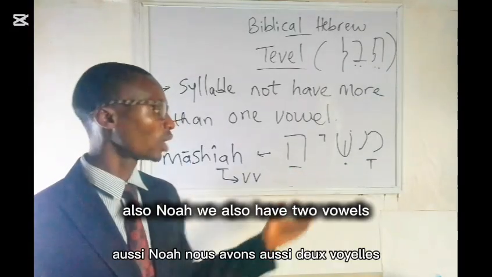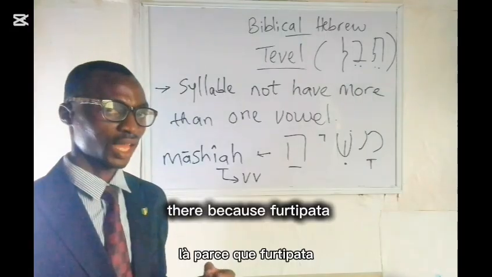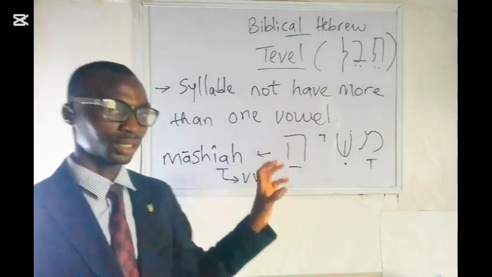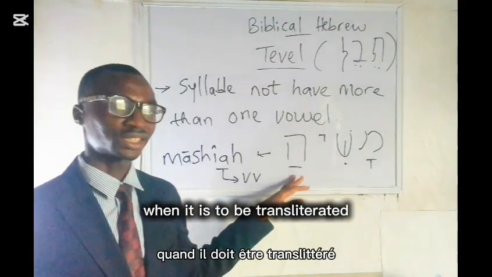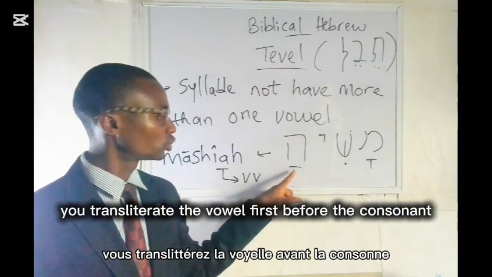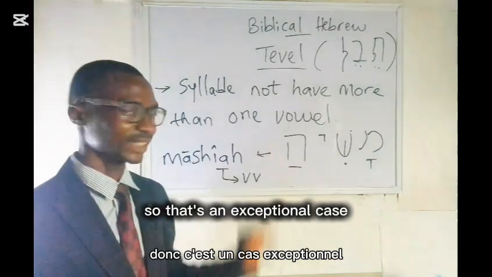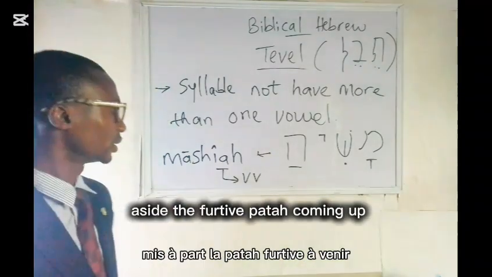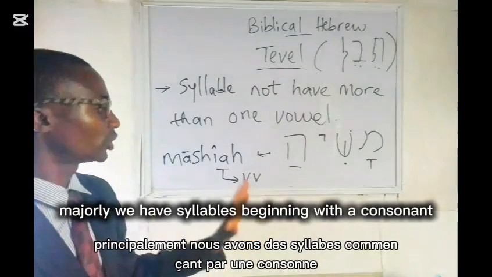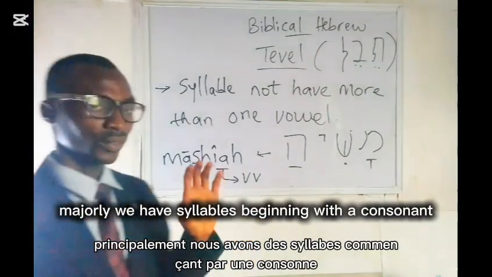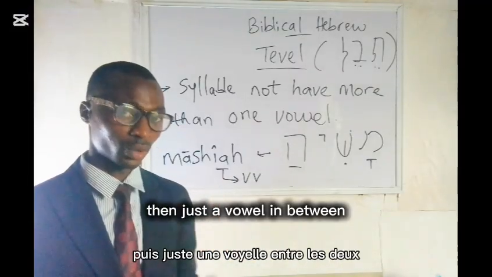Noah also, we also have two vowels there because of the 40th pattern. When it is to be transliterated, you transliterate the vowel first before the consonant. So that's an exceptional case. Alright. So aside from the 40th pattern, most majorly we have syllables beginning with a consonant, then just a vowel in between.